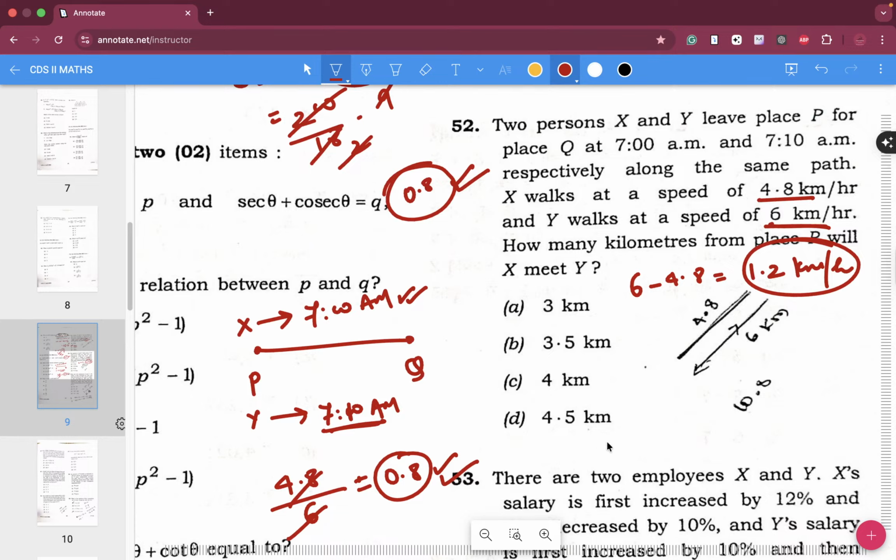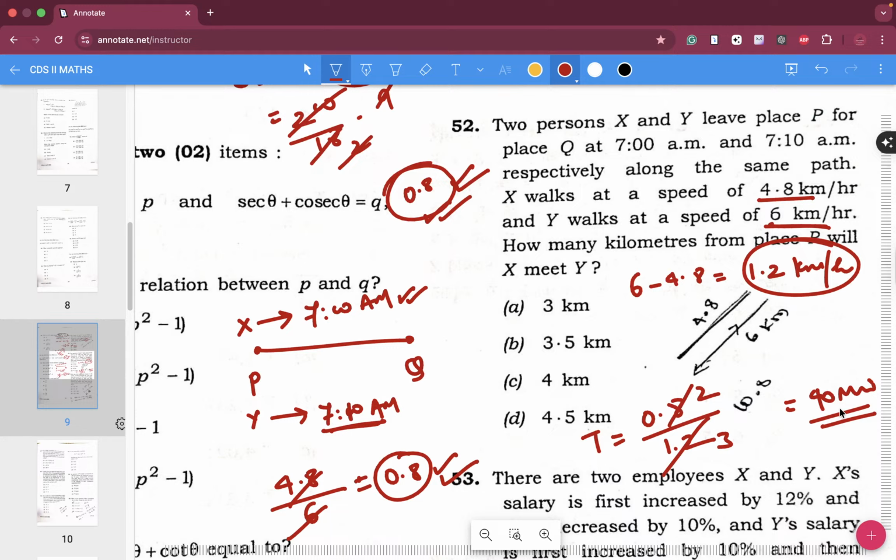After 7:10, time is equal to distance by speed. The closing distance is 0.8 kilometer and the speed is 1.2 kmph, which is 2 by 3 hours, nothing but 40 minutes.